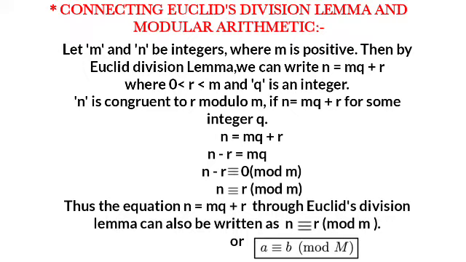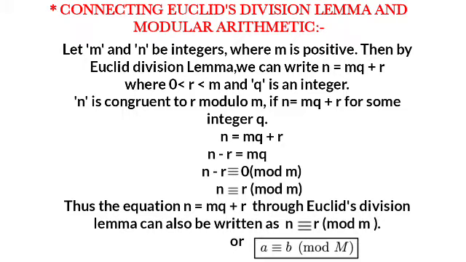Now shifting r to the other side, n is congruent to r mod m. Thus Euclid's division lemma, n equals mq plus r, can also be written as n ≡ r mod m.